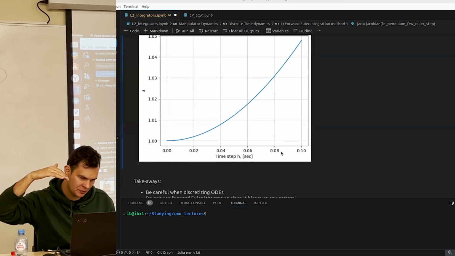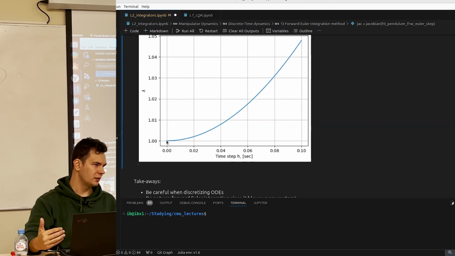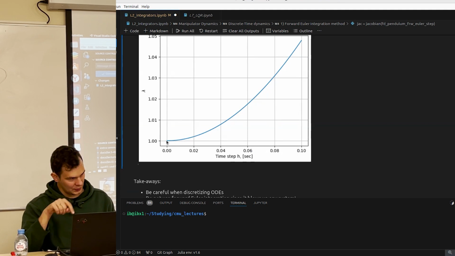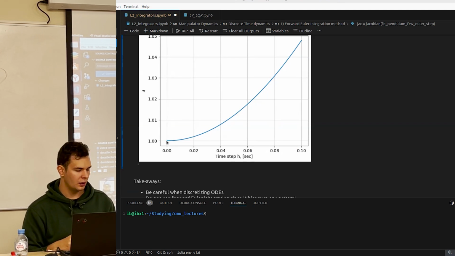It decreases to 1, but it's never less than 1. And this is why it's inherently unstable. If you add extra damping, it will be less than 1. But still you need to choose the proper discretization.